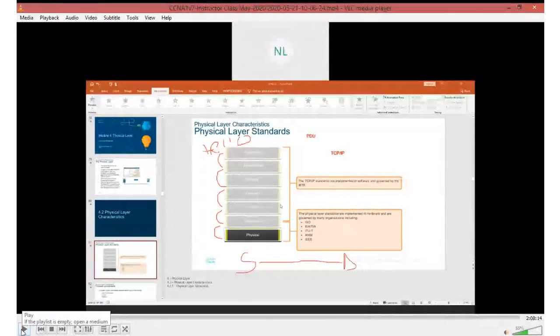So we're going to have a look at the physical layer, which is the initial layer of the OSI model. How does it operate? What entails the physical layer? Remember, it's a 7-layer model, so we're going to have a look at them one by one as we move through.